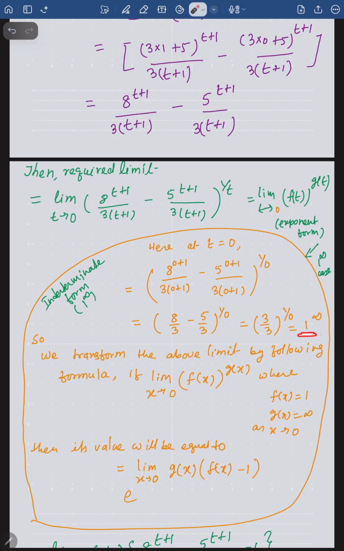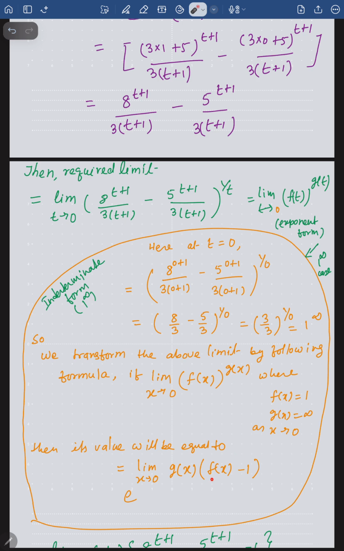When you get this type of indeterminate form, we know the formula to be used, that this type of limiting case can be changed to this format, where limit x tends to 0 of f(x) raised to the power g(x) can be written as e raised to the power limit x tends to 0 of g(x) times (f(x) minus 1).